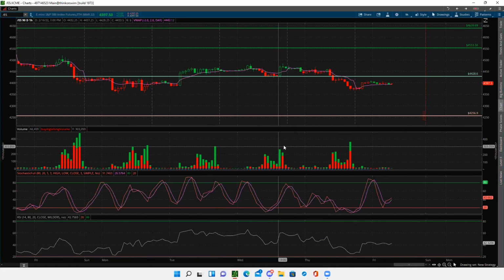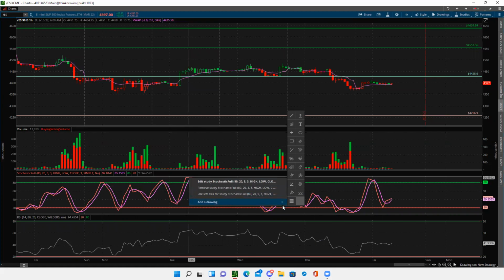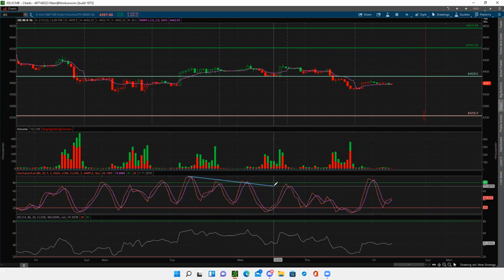For instance, over here, this high was higher than this high. So this was lower, this was higher, but on stochastics, you see it going the opposite way. This is higher, this is lower.